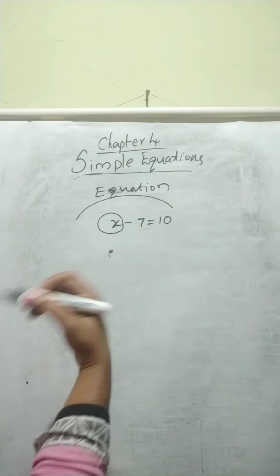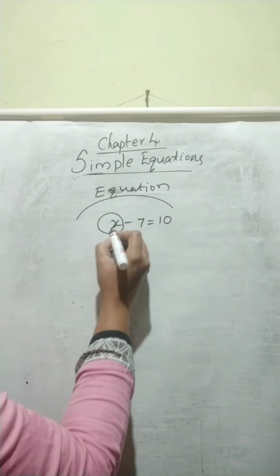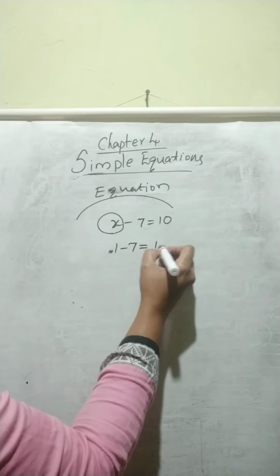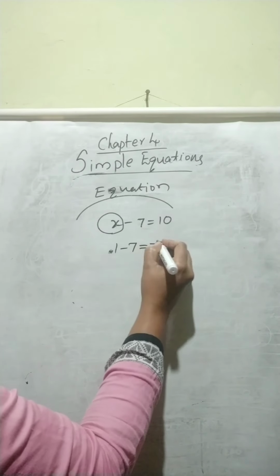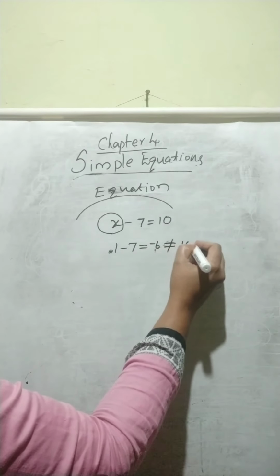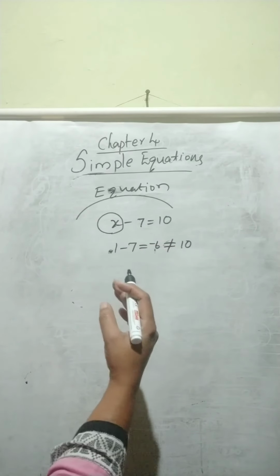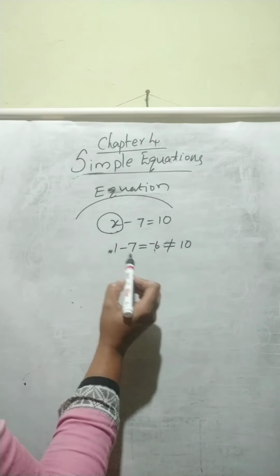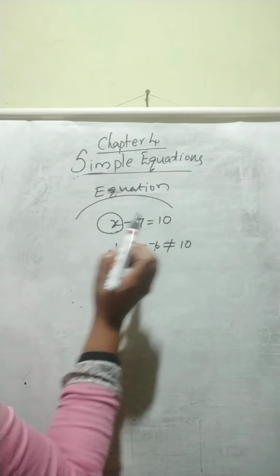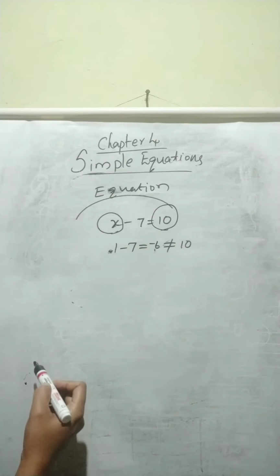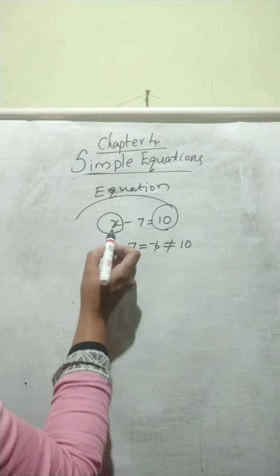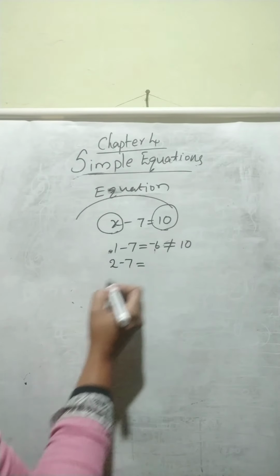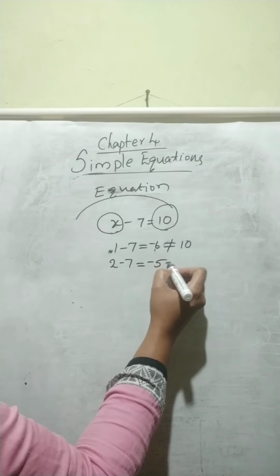How can we find x? 1 minus 7 is equal to negative 6, so this is not equal to 10. What is our aim? We have to find the value of x. When we apply the value of x, we have to get 10 itself. Next we can apply 2. 2 minus 7 is also not equal to 10, that will be minus 5.